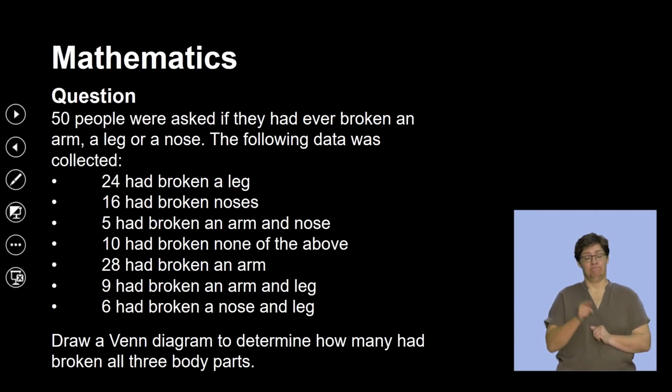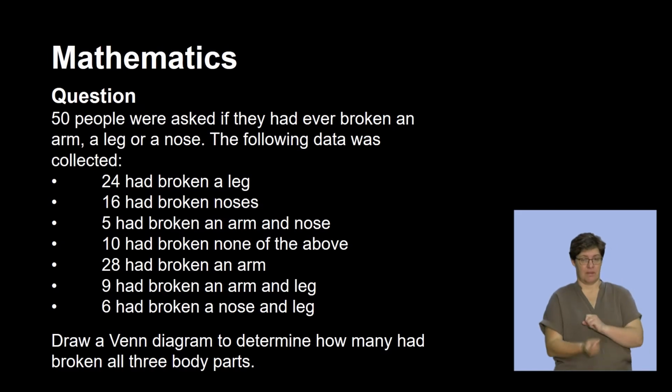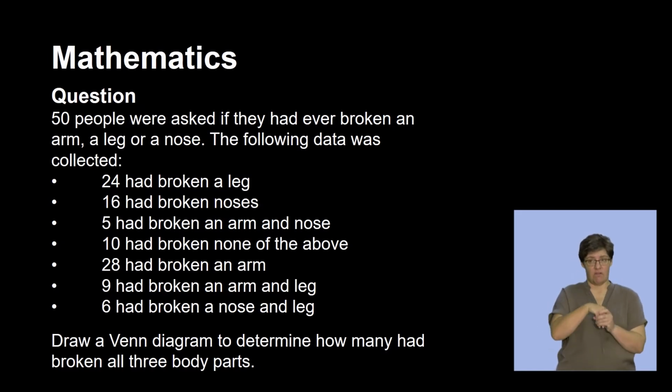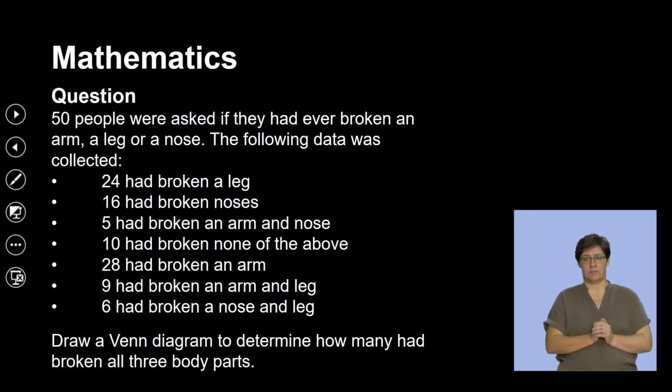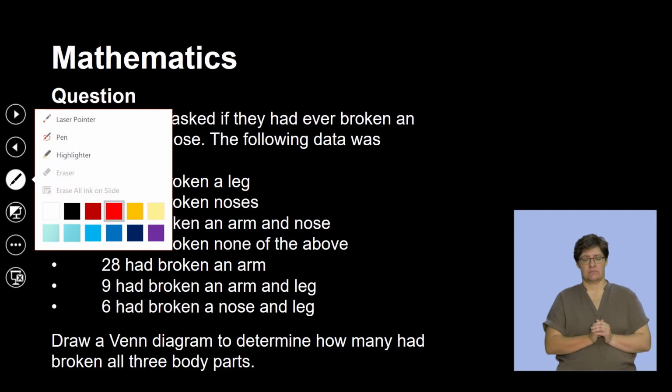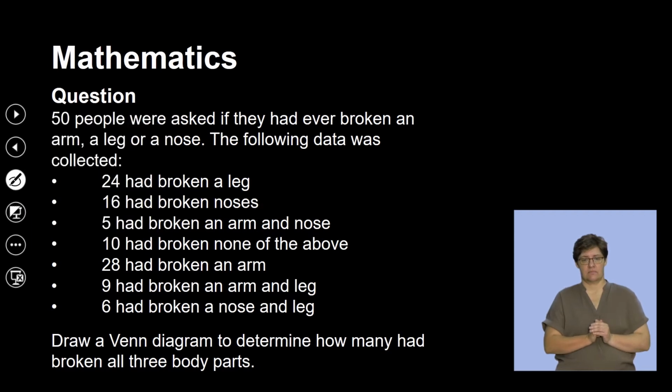Here we have a survey that's taken place. There were 50 people in the survey, and they were asked if they'd ever broken the following parts of their body. They'd broken an arm, a leg, or a nose.